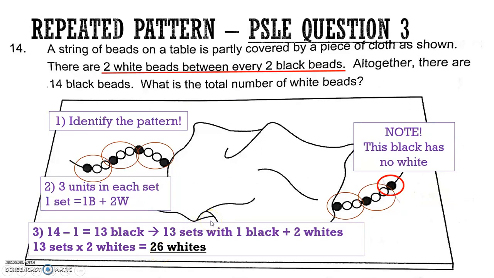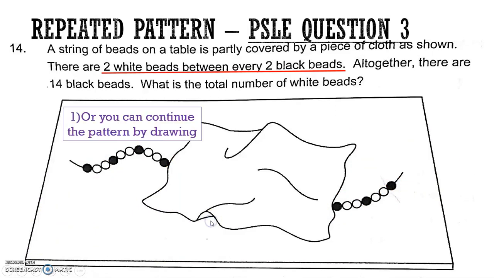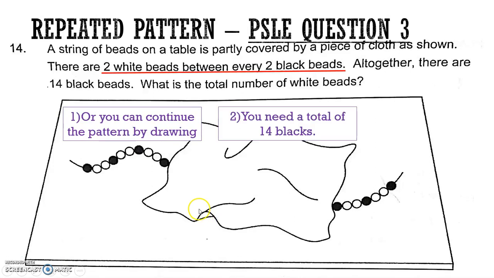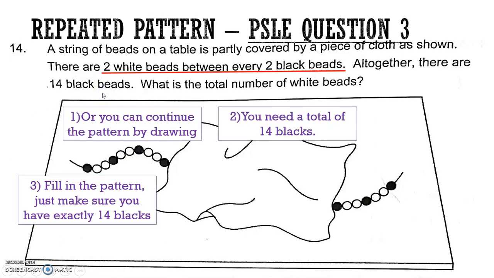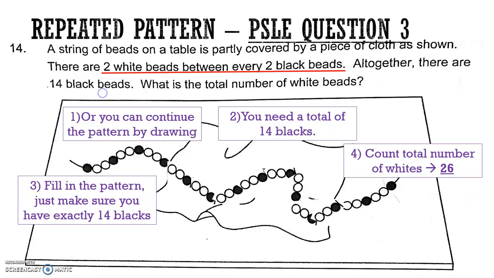There's another way to solve this question: simply by continuing to draw out the patterns. Take note that you need a total of 14 black beads. So just fill in the pattern, making sure you have exactly 14 blacks. Like this. Then you can count the total number of whites. You will notice that it's the same answer as the previous method, 26.